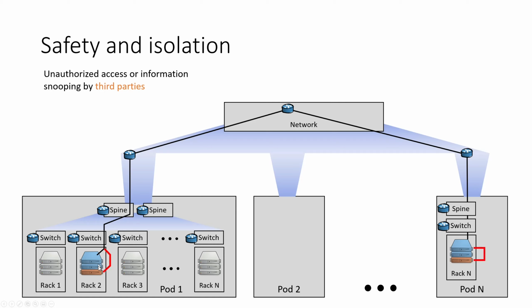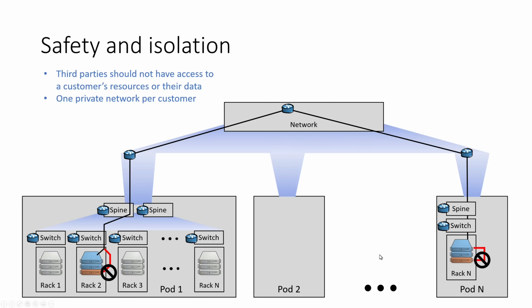So, for example, we don't want this virtual machine to exchange traffic with our microservice on this other side, or we don't want this virtual machine to exchange traffic with this virtual machine. So we want to block this, and this is what we mean by isolation. The virtual machines in the blue servers belong to one cloud tenant, and the virtual machines on the red servers belong to another cloud tenant, and we want to isolate the two of them.